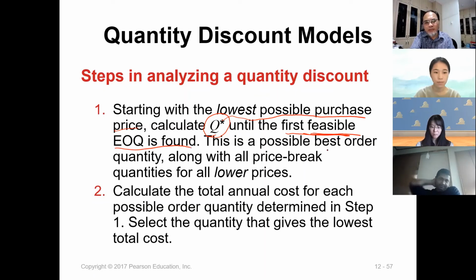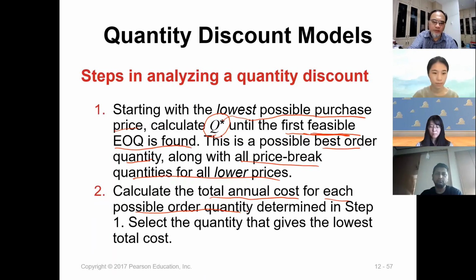This is the possible best order quantity along with all price break quantities for all lower prices. That means for every range of quantity, we need to calculate the Q star. Secondly, you calculate the total annual cost for each possible order quantity that you determined in the first step, and you select the quantity that gives the lowest total cost.